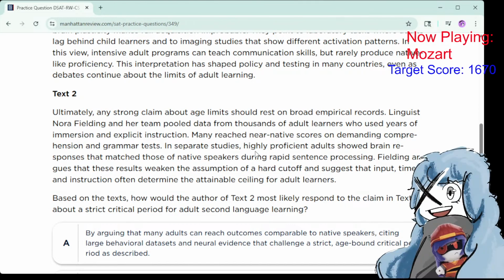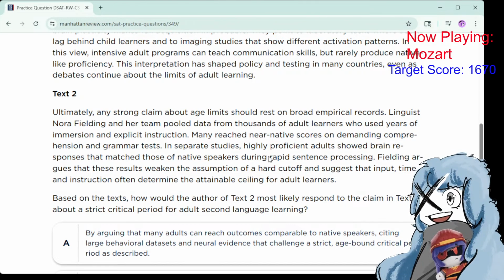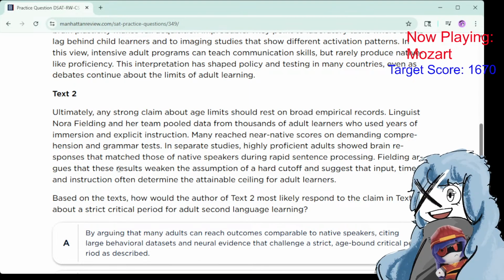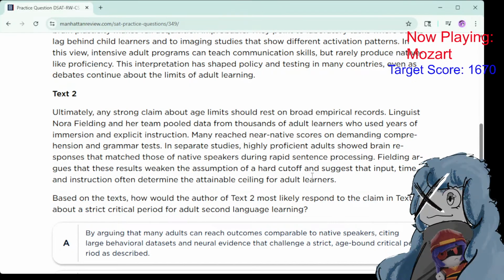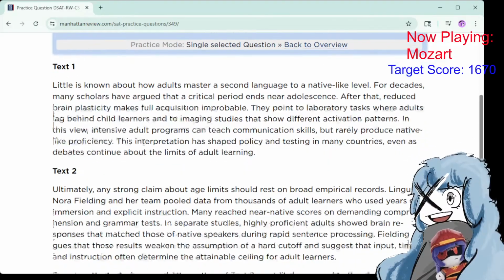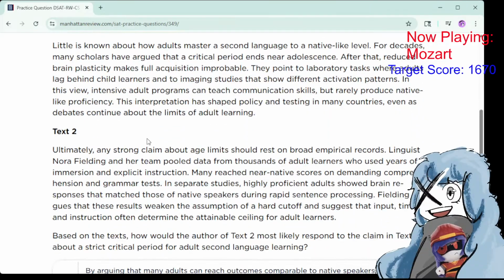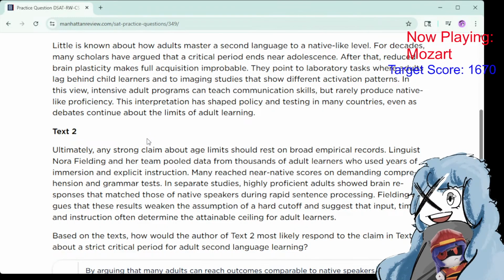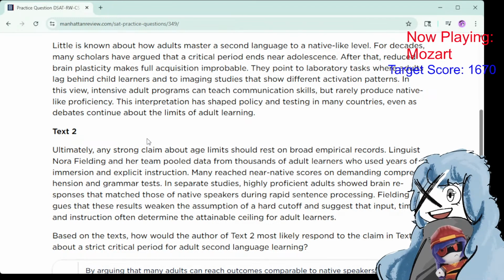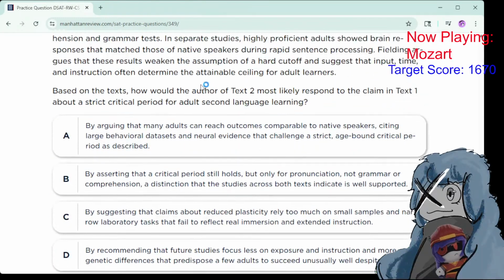Fielding argues that these results weaken the assumption of a hard cutoff and suggest that input time and instruction determine the attainable ceiling for adult learners. Yeah, so text 2 directly contradicts text 1, saying how input and instruction often bypass the brain plasticity requirement that text 1 believes is setting the ceiling.